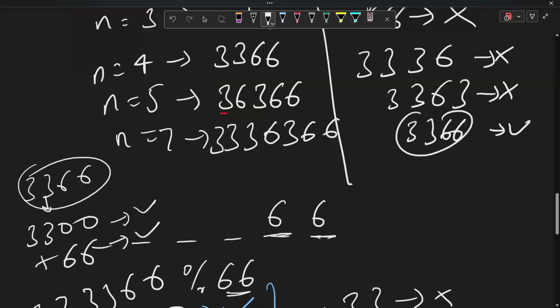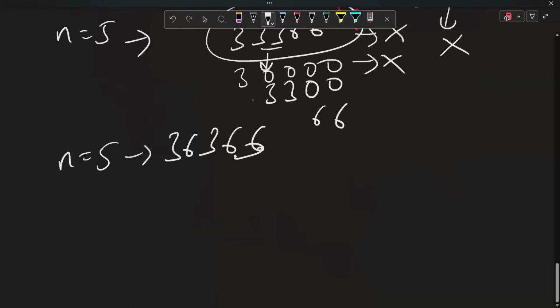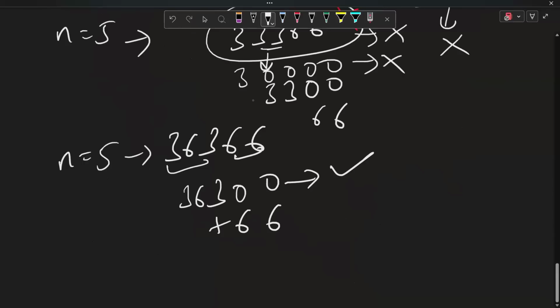If you take 363, so for n equal to 5 your answer was 36366. If you divide this number into this part and this part, 36300 plus 66, then this number is divisible by 66, and this number is also divisible by 66.